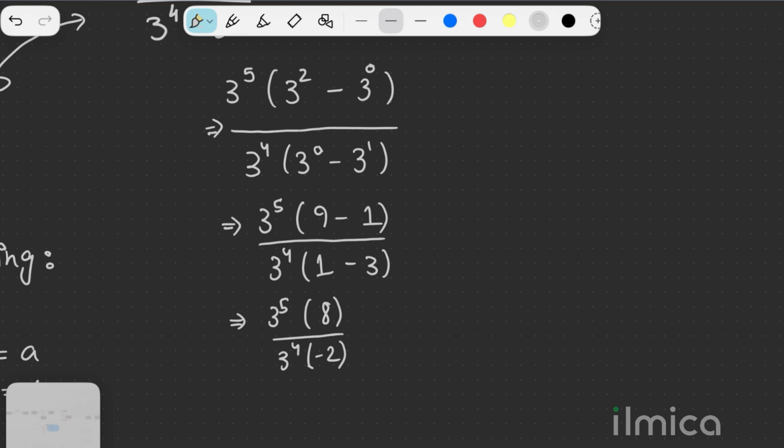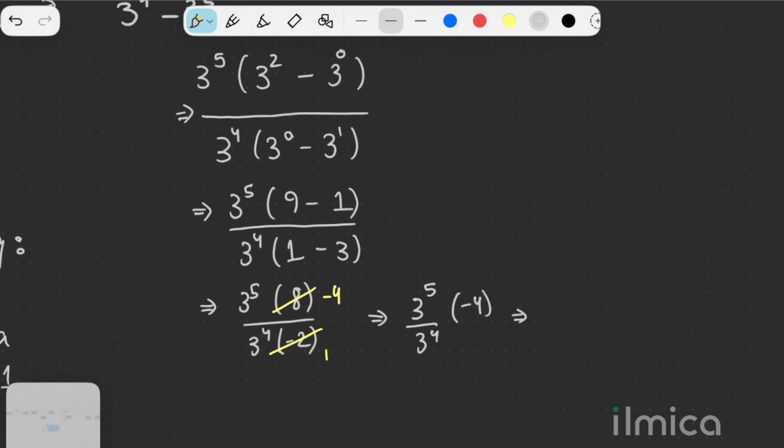We can simplify that. If you simplify that, you will get 1 over here and a negative 4 over here. Now in the next step, we will write this down: 3 raised to the power 5 over 3 raised to the power 4 times minus 4. And then finally, as we saw in the previous video, we have this law: if you have two numbers given as a fraction and the base number is the same, which is 3 over here, we can subtract the powers.